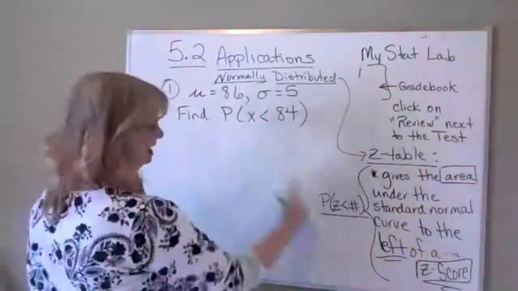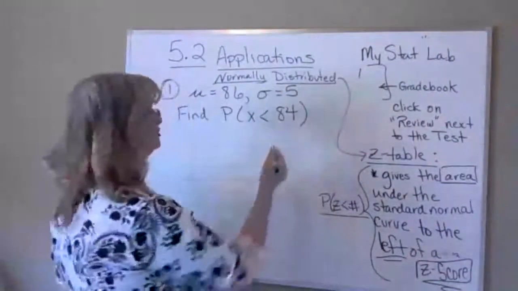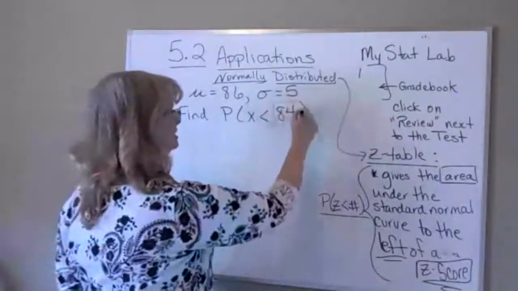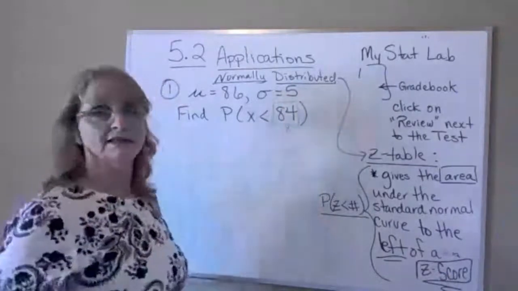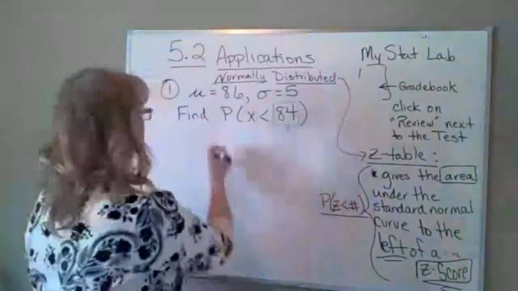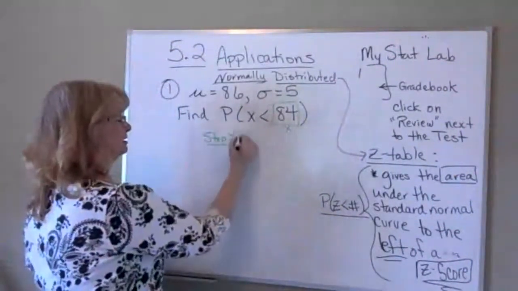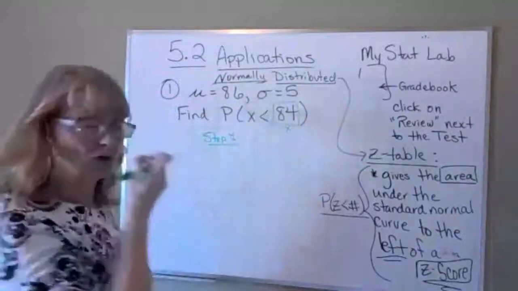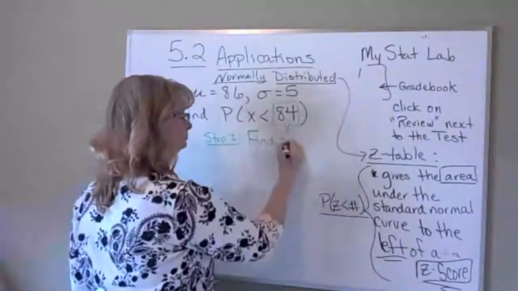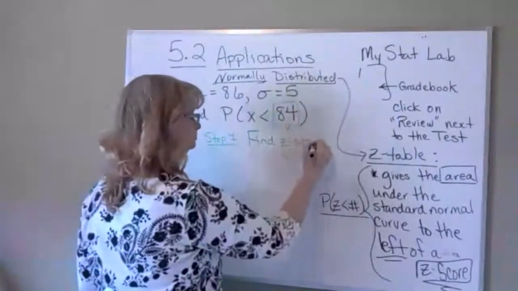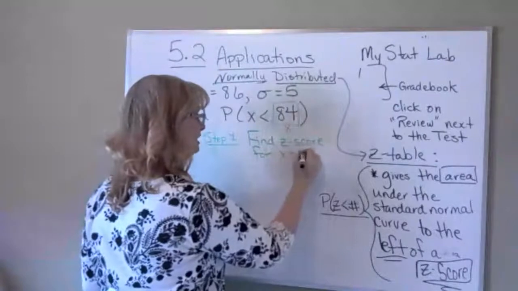Notice this says X. The table gives us the probability of Z. So the first thing we're going to have to do is take this data value and find the Z-score for it. So our step one is find the Z-score for X equal 84.